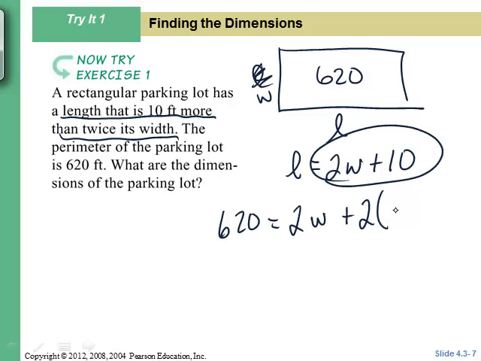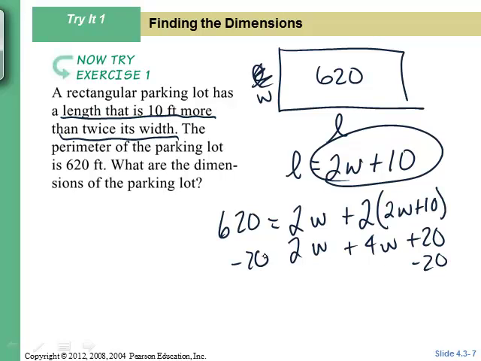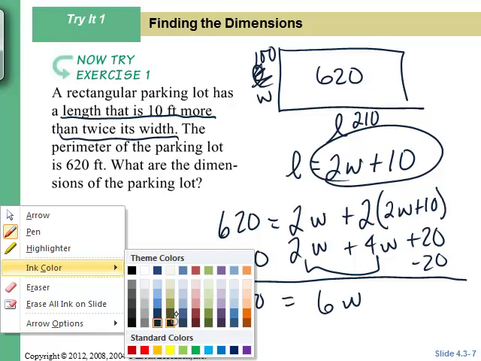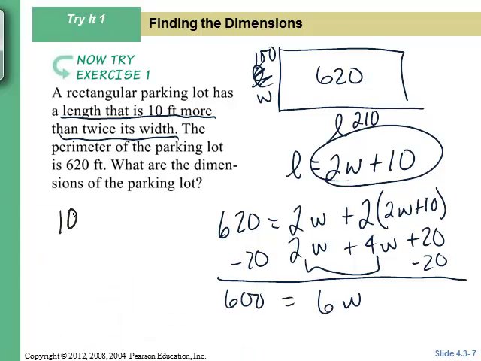Instead of writing length, we're going to write 2W plus 10. 2W plus 4W plus 20, subtract 20 from each side, and you get 6W equals 600. So the width is 100, and the length is twice that, 200, plus 10, 210. So our answer is 100 by 210. Next one.